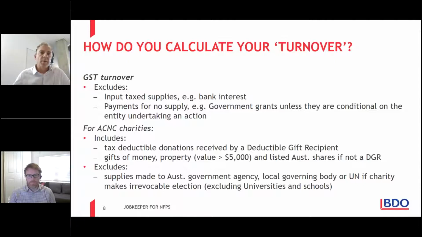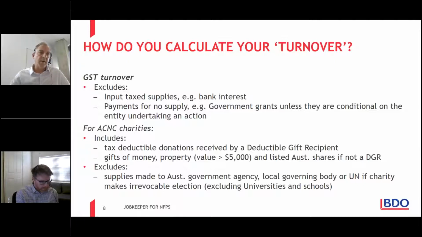So when I was talking a minute ago about those turnover calculations, you do have a choice to make about whether you want to exclude supplies made to Australian government agencies. So effectively what the test is here is whether the consideration for the supply is provided by an Australian government agency. Now that's state or federal.